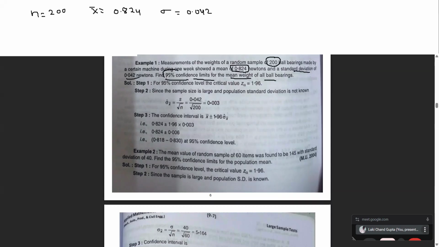Find 95% confidence limit for the mean weight of all bearings. So here alpha is what? Confidence level is also called confidence limit. Confidence level is 95%. It means alpha is 5%. And we have to find what?